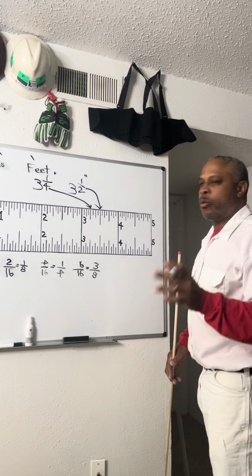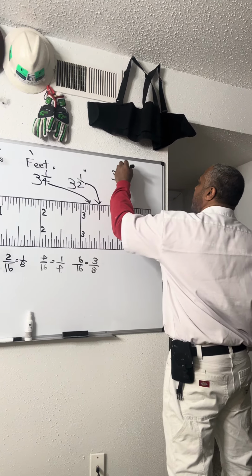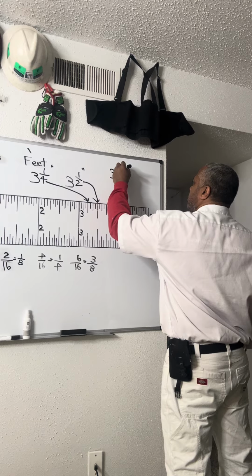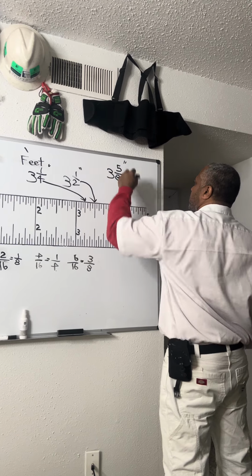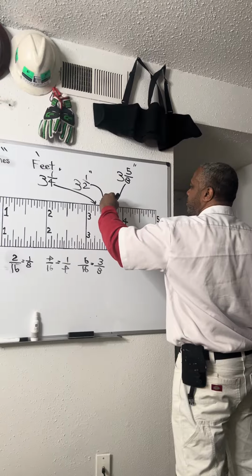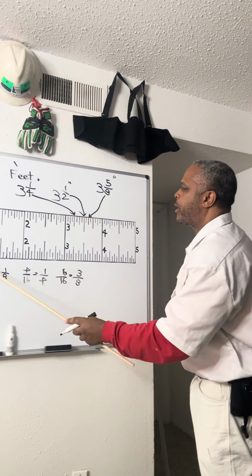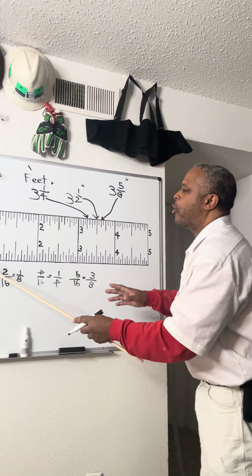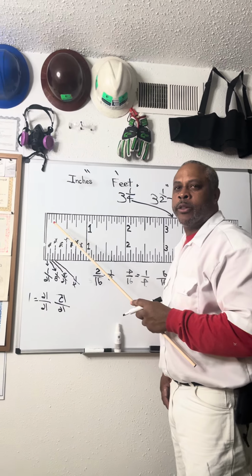Okay? So, if we want to do 3 5/8, he's going to be right here. 3 5/8. Same thing. You have the numbers on here at the bottom. They're the same on the top.